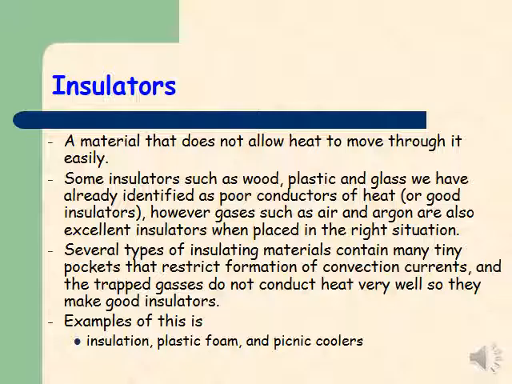For instance, in a triple pane window, a lot of times the space inside the window is filled with air, argon, or nitrogen, because that doesn't allow conduction as well as a solid piece of glass.